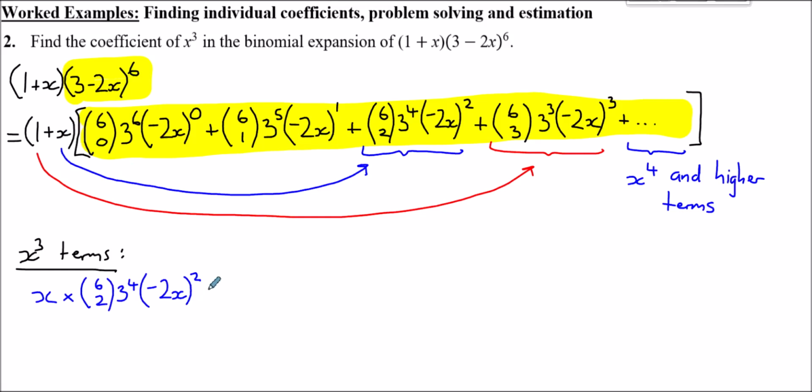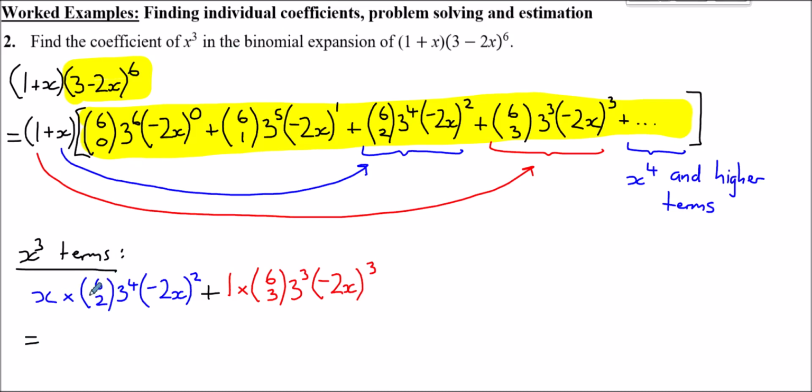And as well as that, we'll also have an x cubed term by taking this 1 and multiplying it by this here. So now we can just work out what we're going to have.